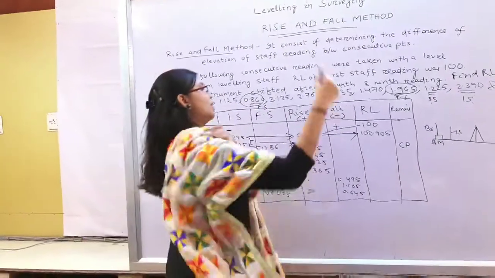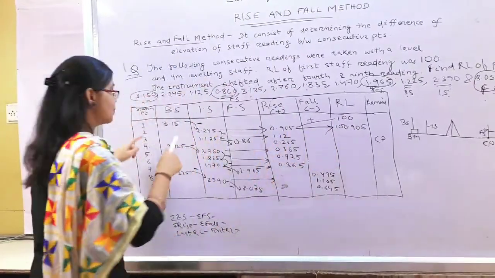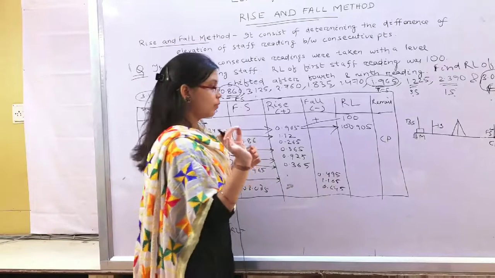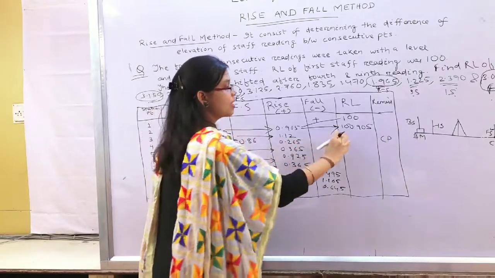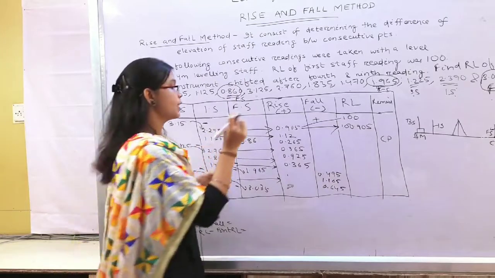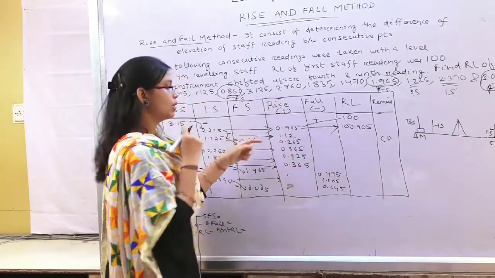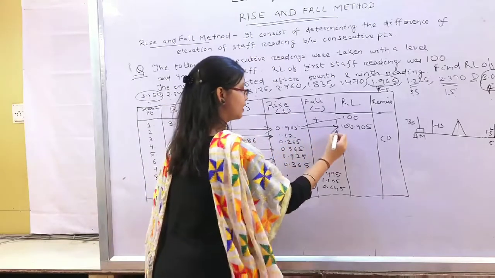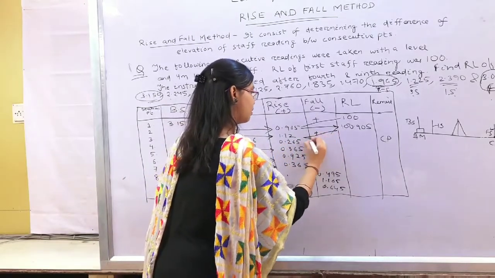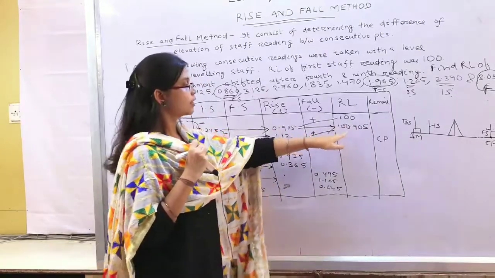Similarly, for the third point, the same process: the reduced level of the second station point plus the rise value 1.12 will give the next reduced level.